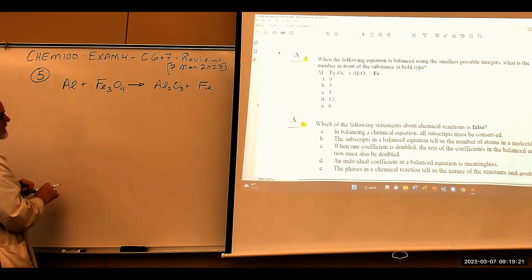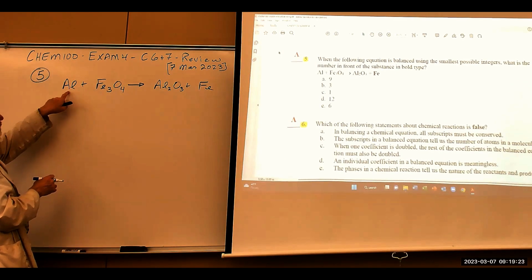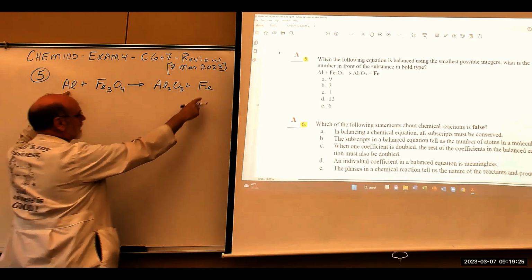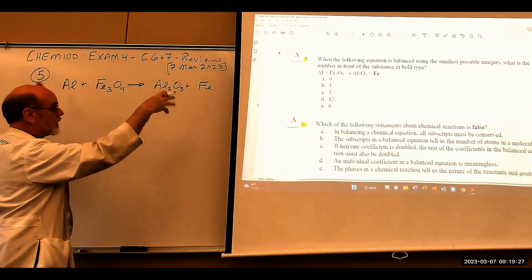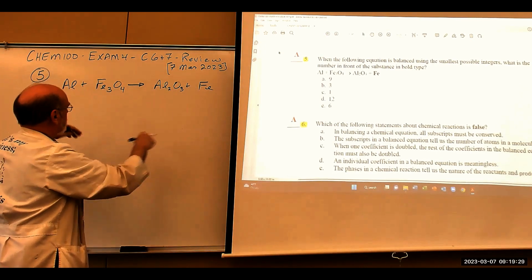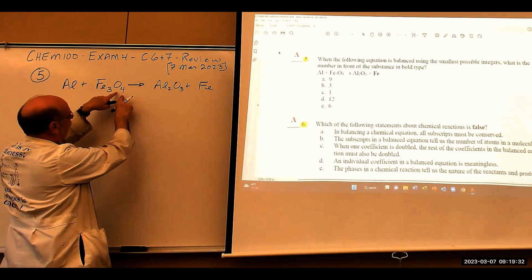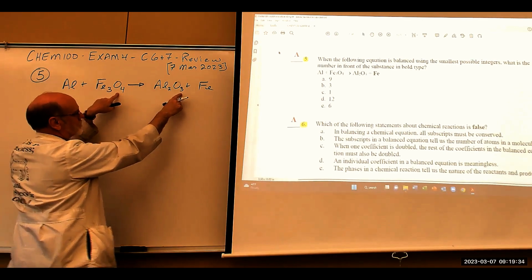And then how do we balance this? Well, we've got aluminum over here, and we've got an iron separate over here, so we can hold those to the last. Notice we've got 4 oxygens here and 3 there.